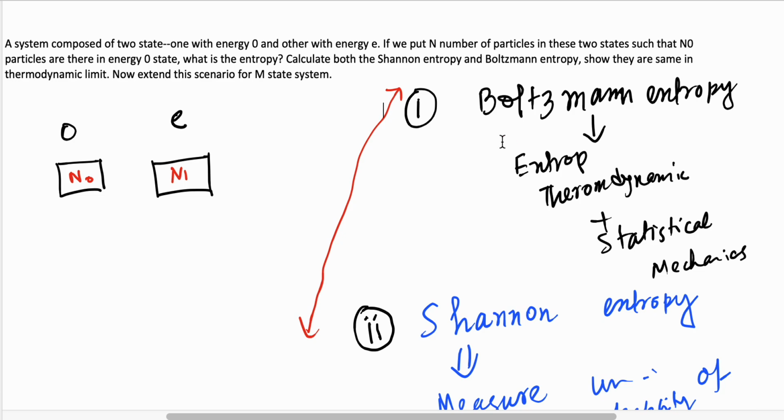You can actually prove that these two notions of entropy are the same in the thermodynamic limit. So we'll do that here. In the question, it is asked to calculate both the Shannon entropy and the Boltzmann entropy. First, let's calculate the Shannon entropy.